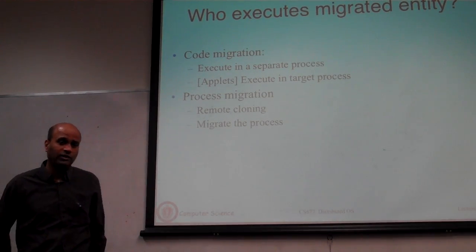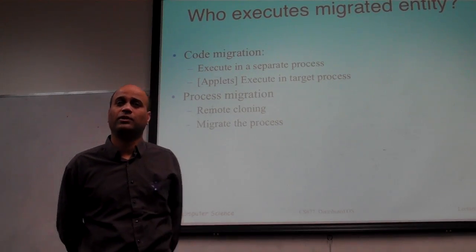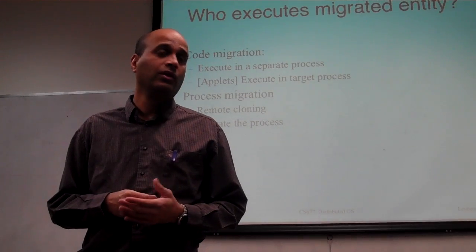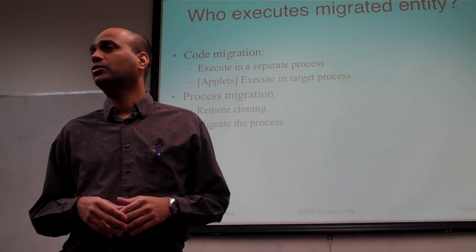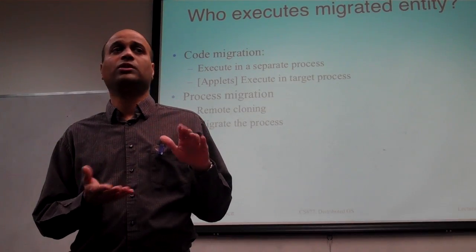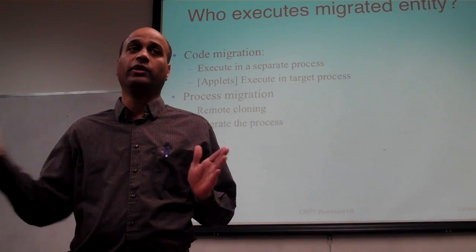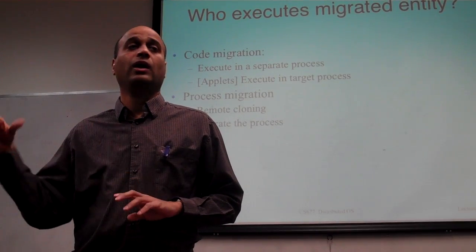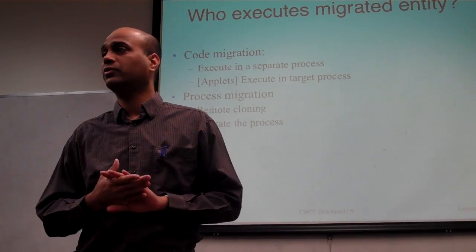Process migration, the way it typically works, there are two methods. They are sort of similar. One is called remote cloning. Cloning is essentially mirroring. So what happens in remote cloning is you pause the process, you clone it, you make an exact copy of that process on another machine, and you resume it there and terminate the first copy.